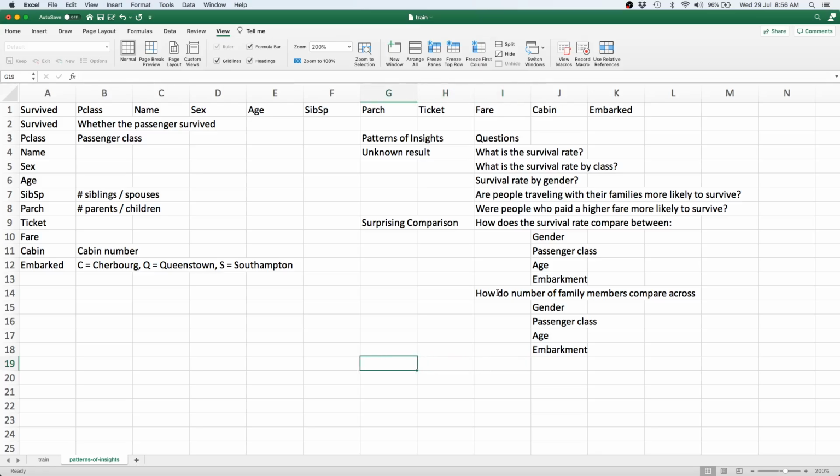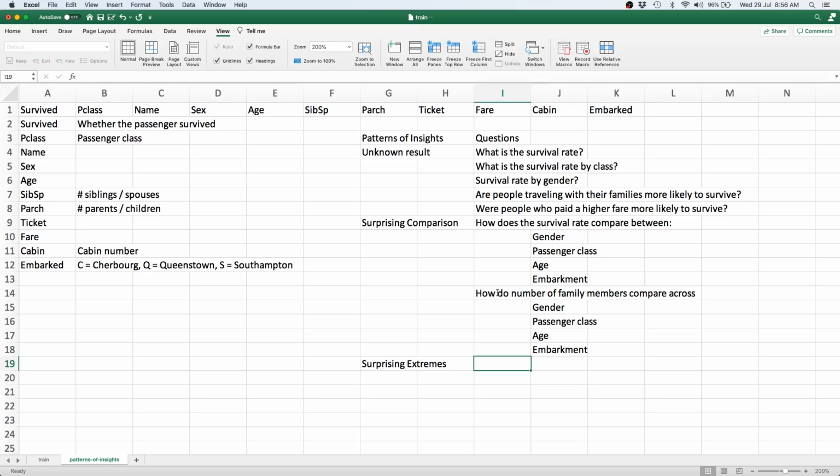Now the next pattern of insight that we have is surprising extremes. Let's see what sort of thing we can come up with over here. So here we have to frame questions that are in the superlative. We ask questions about highest and lowest and things like that. So let's think about this.